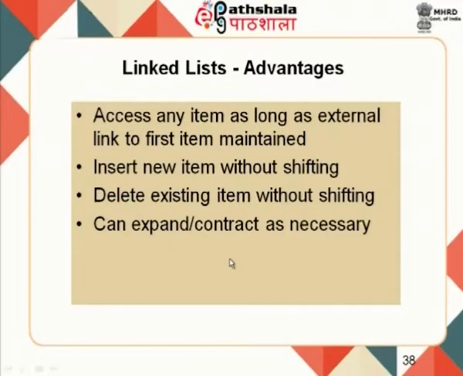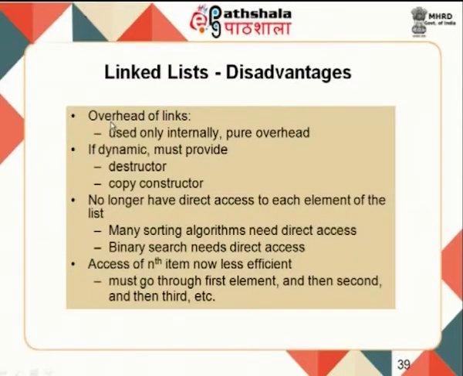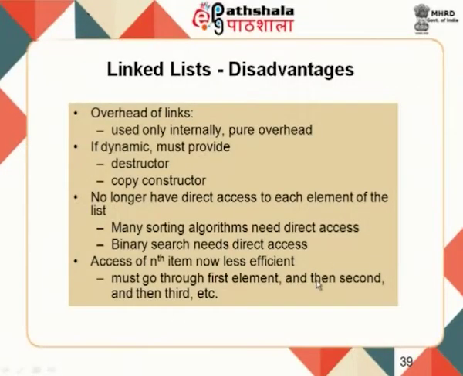Deleting also does not require any shifting, and you can expand and contract as necessary, as we already told, because you use only as many nodes as needed. The disadvantage is obviously the overhead of links, you need 2 extra links, and dynamic means you need to construct a new node and delete a node. You do not have direct access to any element using an index, you have to go from the beginning. That is the major disadvantage. You have to go through the first element, second element, and that iteration is necessary.